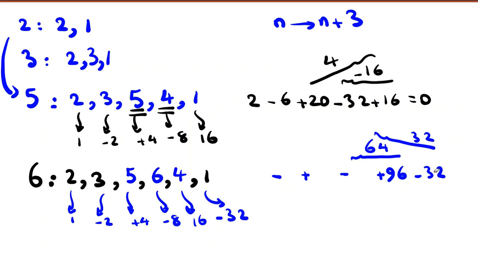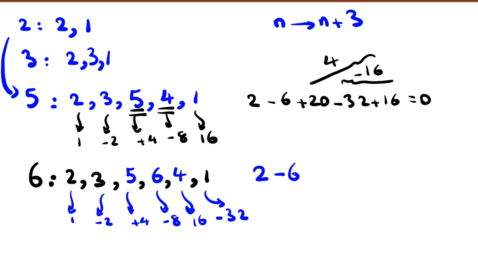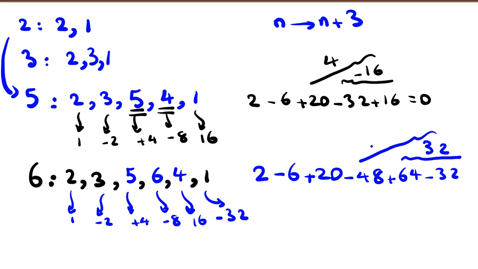So let's check the calculation again. 2 times 1 is 2, -6 plus 5 times 4 is 20, minus 48, plus 64, minus 32. So if we calculate this part, it will be 32, then -16, then 4, and it will be 0. 4 plus 2 is 6, 6 minus 6 is 0.